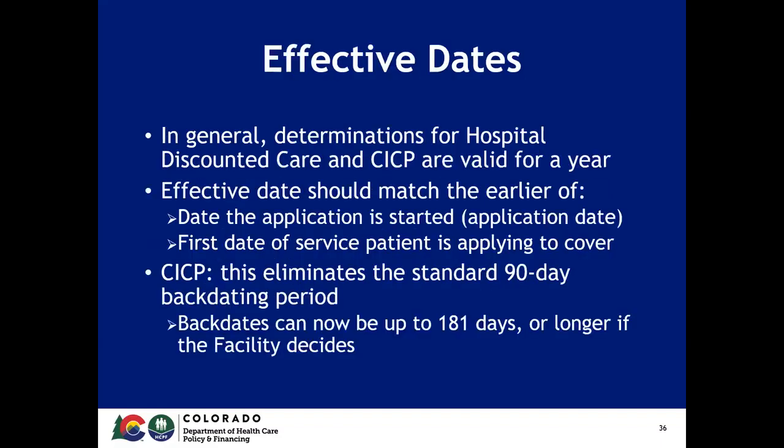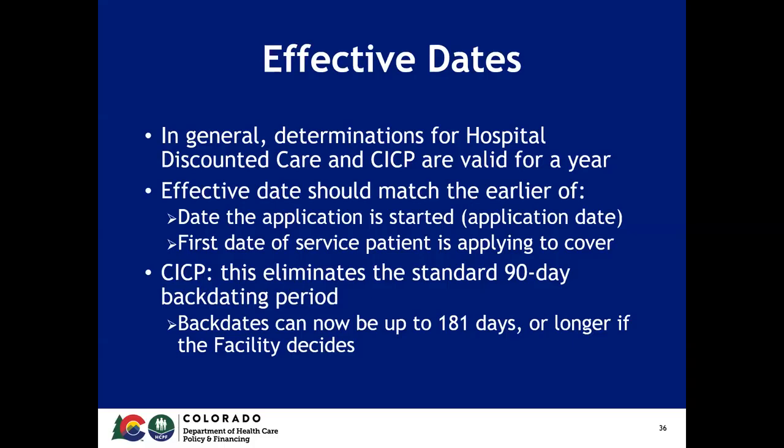All right. The effective dates, in general, determinations for hospital discounted care and CICP are valid for a year. Effective dates should match the earlier of the date that the application is started, also called the application date, or the first date of service the patient is applying to cover, so the earlier of each one of those.